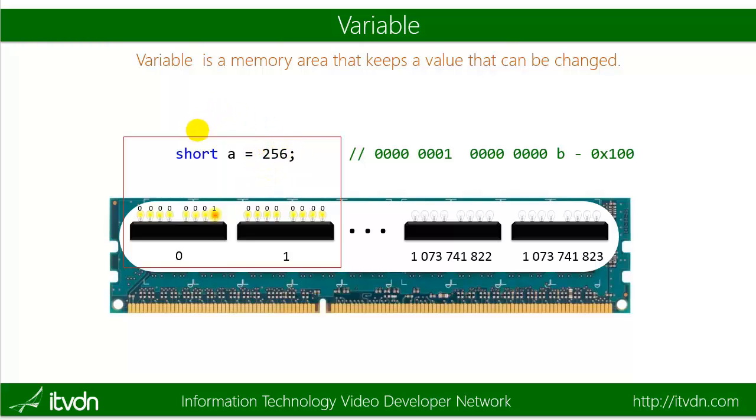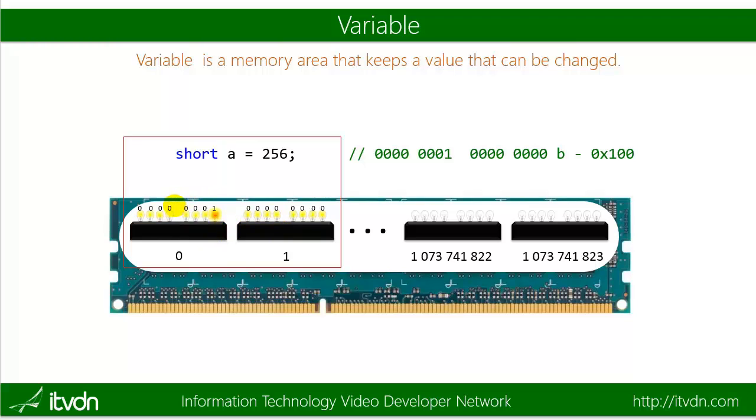A byte can no more hold your value, so you look for another type, short. A short can hold 256 easily. So you create a short typed variable named A and assign a value of 256 to it, in which case you would need 2 bytes.